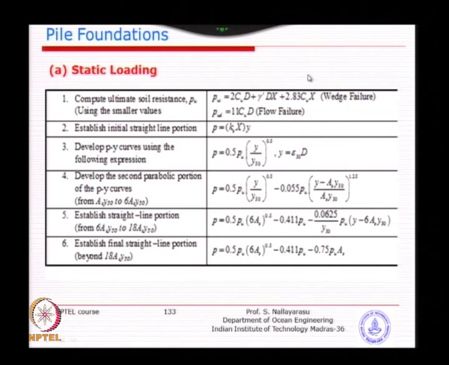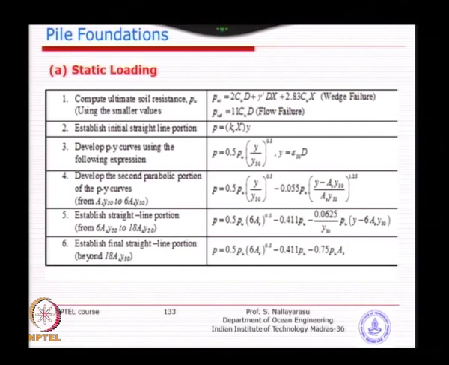For the first one, if you remember the soft clay, we had 3 Cu plus gamma H plus the term for sensitivity of the clay. A similar equation, you can see here the initial portion is almost similar, except that the 9 Cu has changed to 11 Cu, and every one of them is multiplied by diameter, whereas in the API equation the diameter was missing.